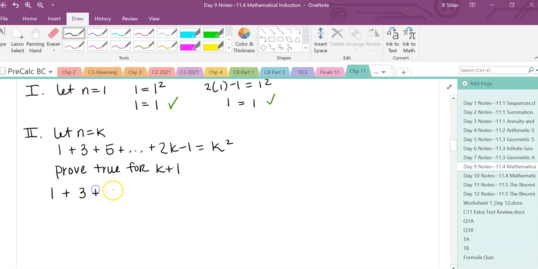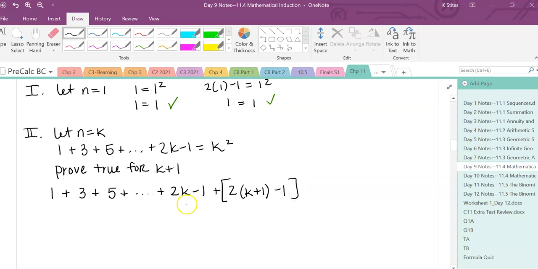It's probably easier to write this out than to explain it verbally. So plus dot dot dot plus, this is your k term. This is term k, plus your k plus 1 term, which is 2 times k plus 1 minus 1.